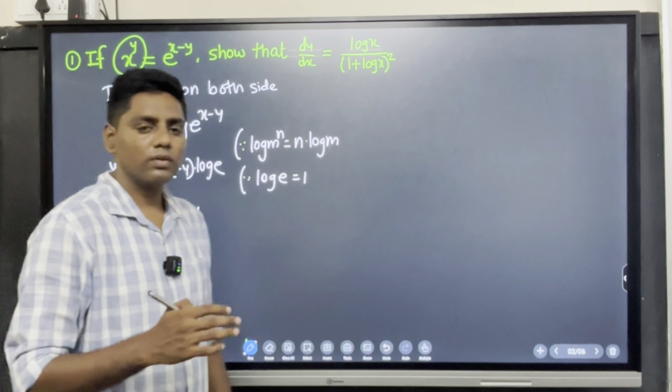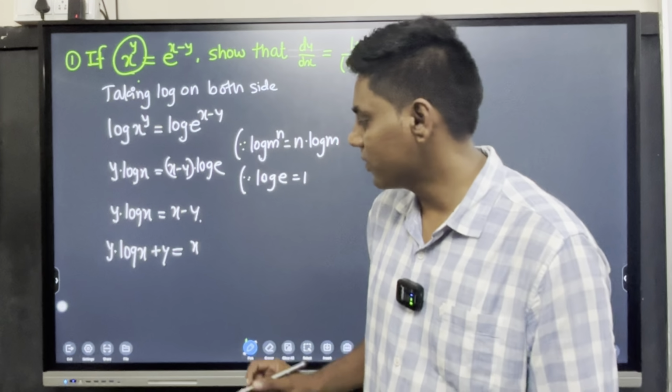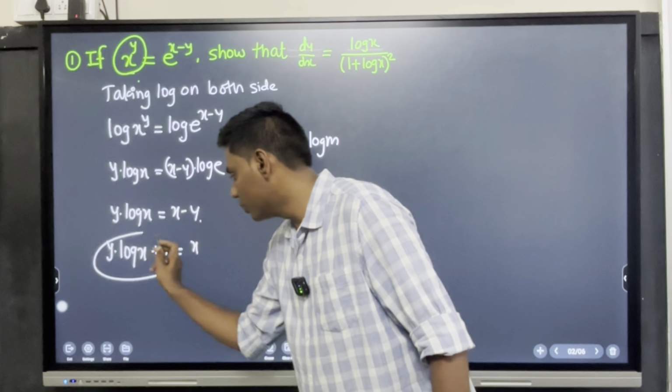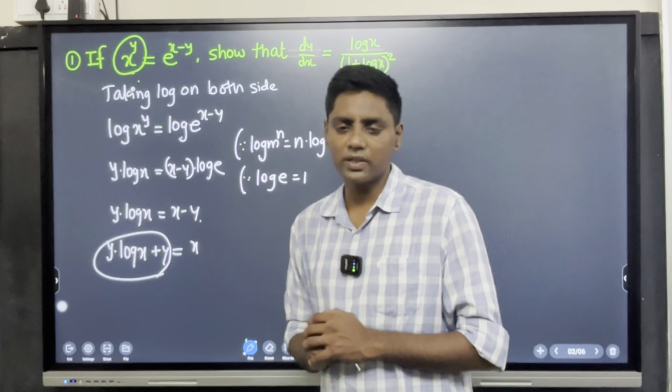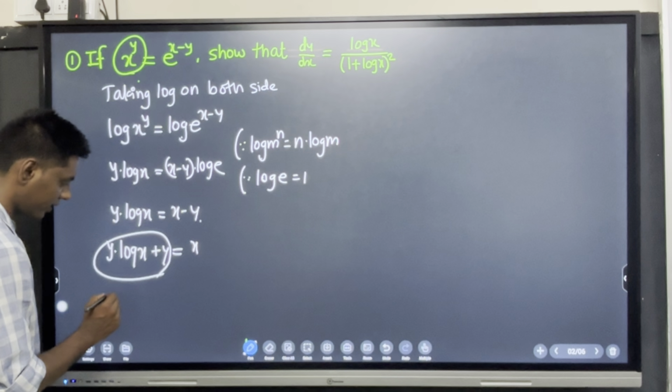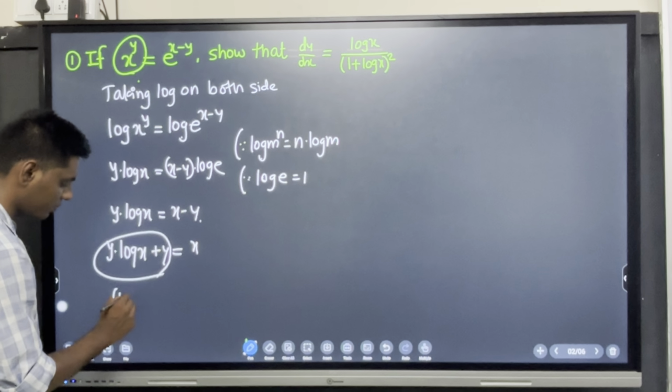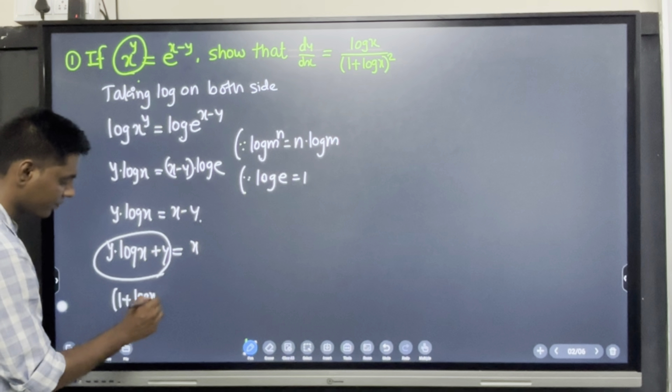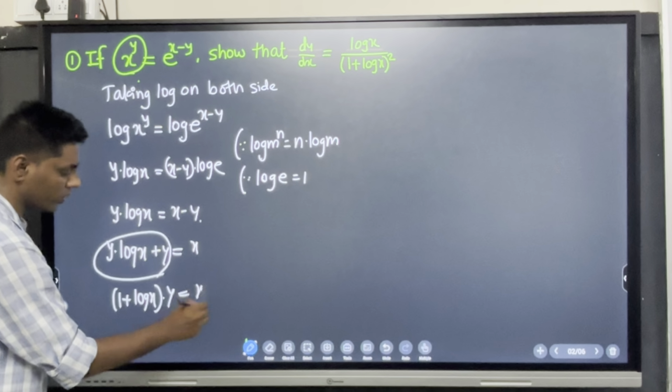In left hand side जर तुम्ही observation केलं, so both terms y is present, so therefore we just taking the common y, so we get here, so that is 1 plus log of x into y equal to x.